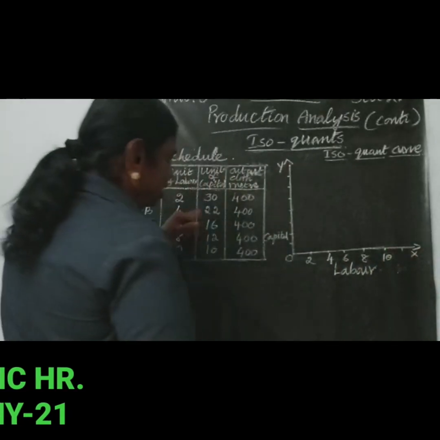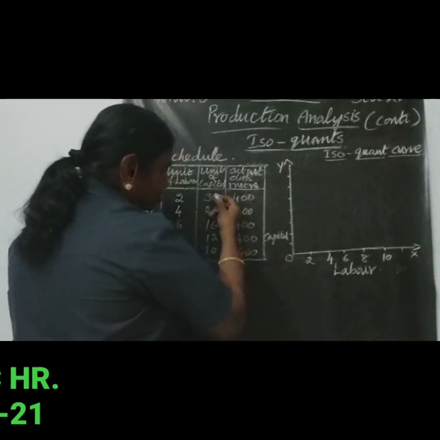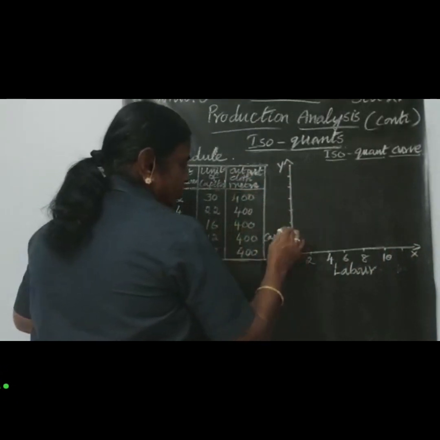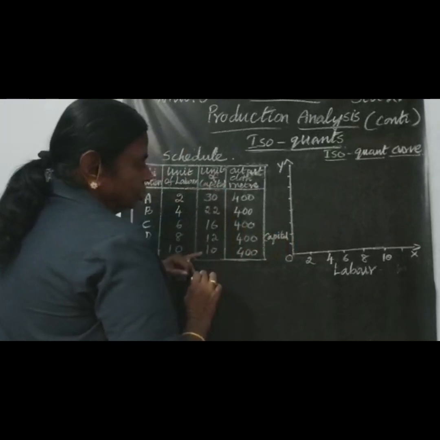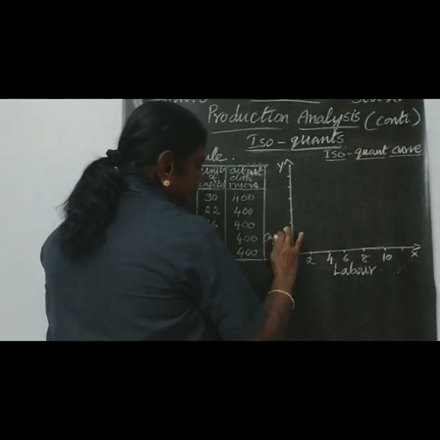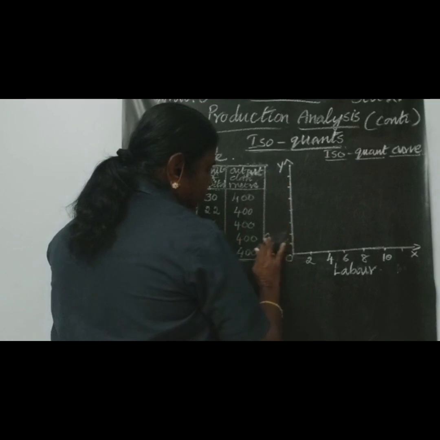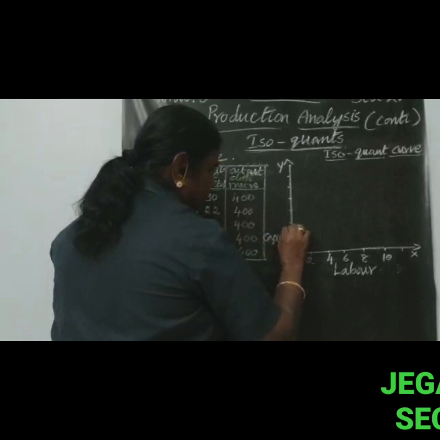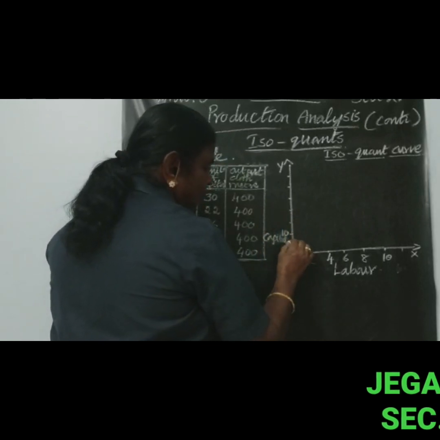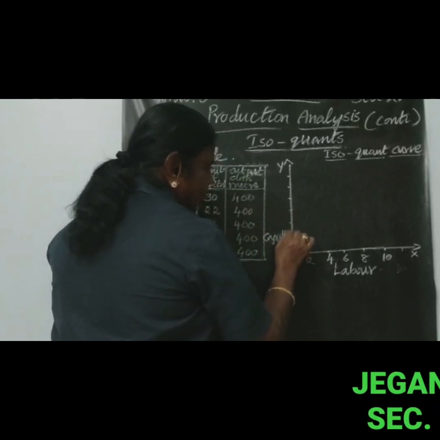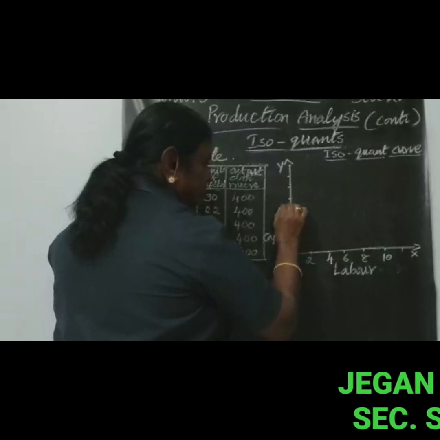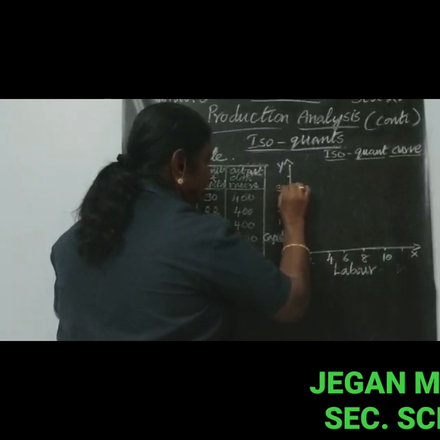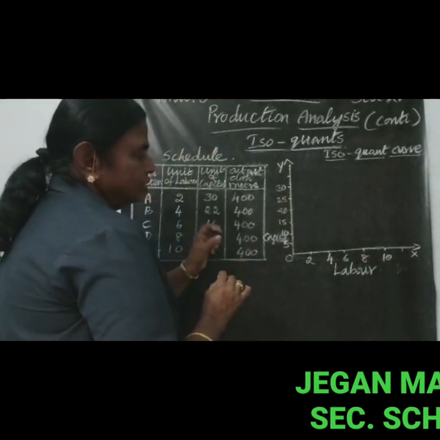For capital, we start from the lower end so that you can easily mention it: 5, 10, 15, 20, 25 and 30. Then it will be easy for us to divide it.